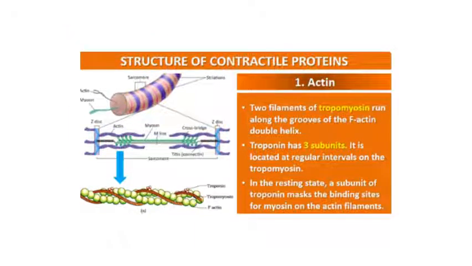These two filaments of tropomyosin run along the grooves of F-actin forming the double helix, and the troponin has three subunits. It is located at regular intervals on the tropomyosin. In the resting state, that is when the muscle is not working, a subunit of troponin masks the binding site for myosin on the actin filaments.